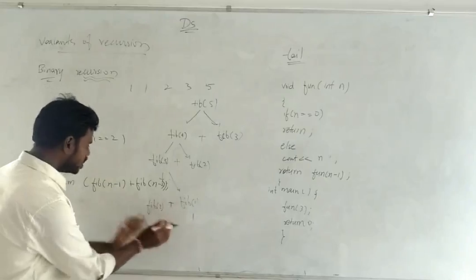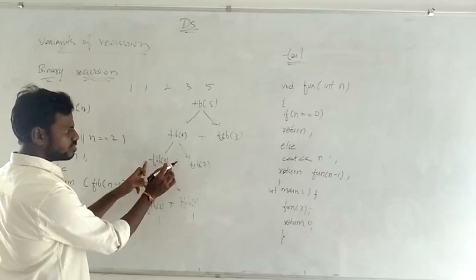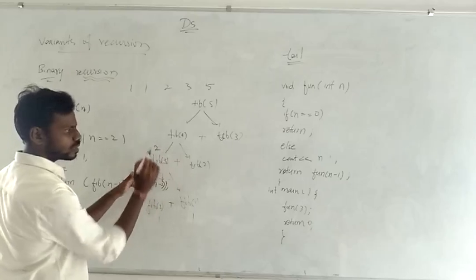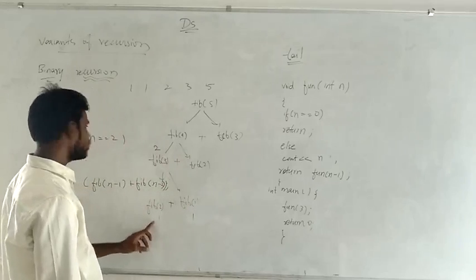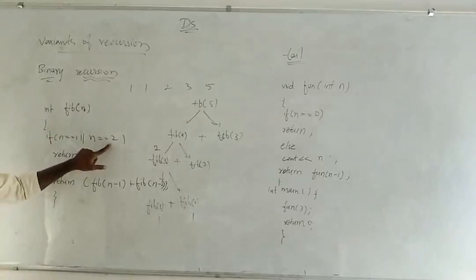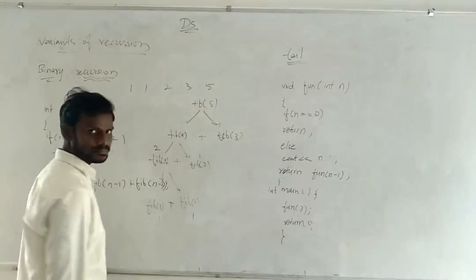Then we add these two using this function and return it to Fib 3. Then the result will be 2 here. Fib of 2 gives us 1, because if n is equal to 2, I return 1. Then this will be returned here.